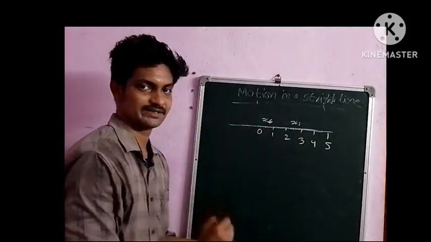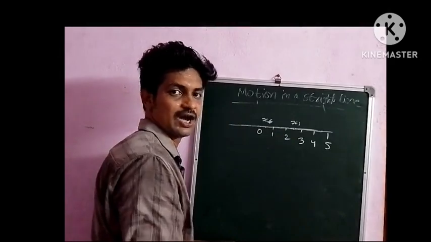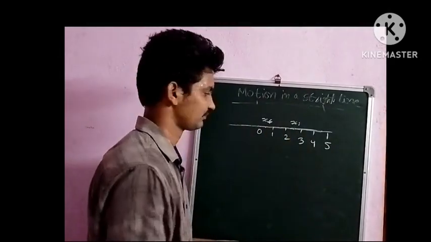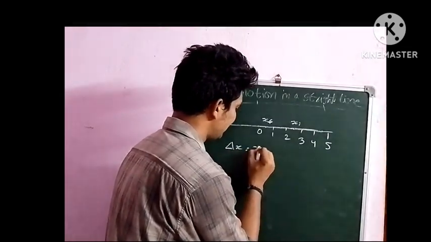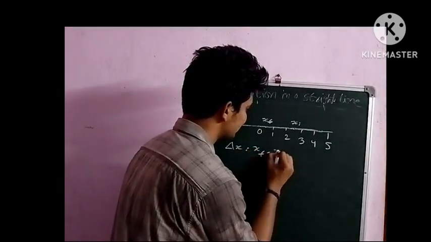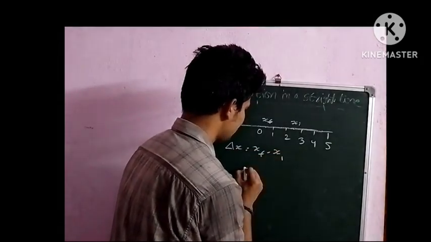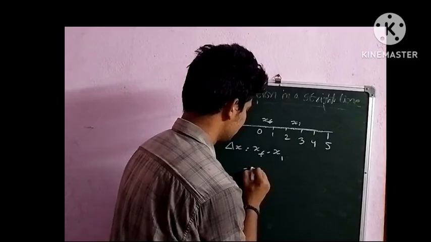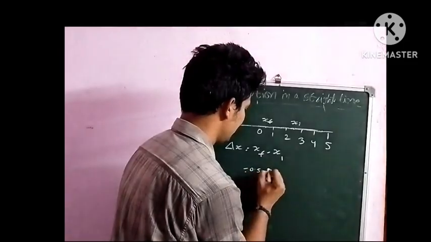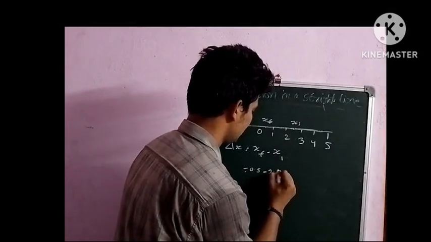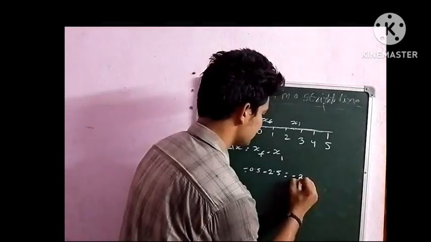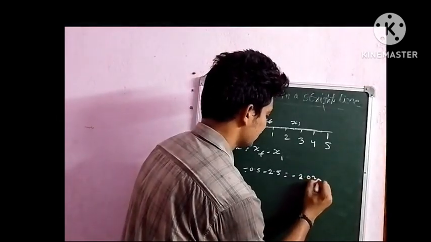Displacement is the change in the object's position, final position minus initial position. What is the final position? 0.5. And what is the initial position? 2.5. Totally, minus 2 meters.